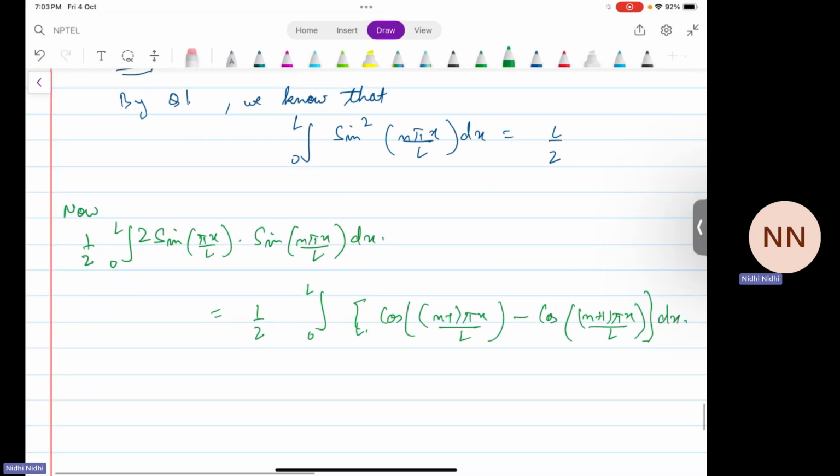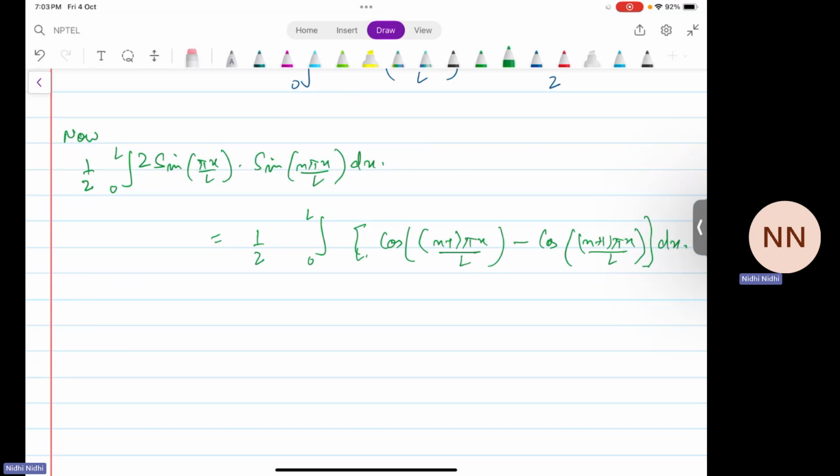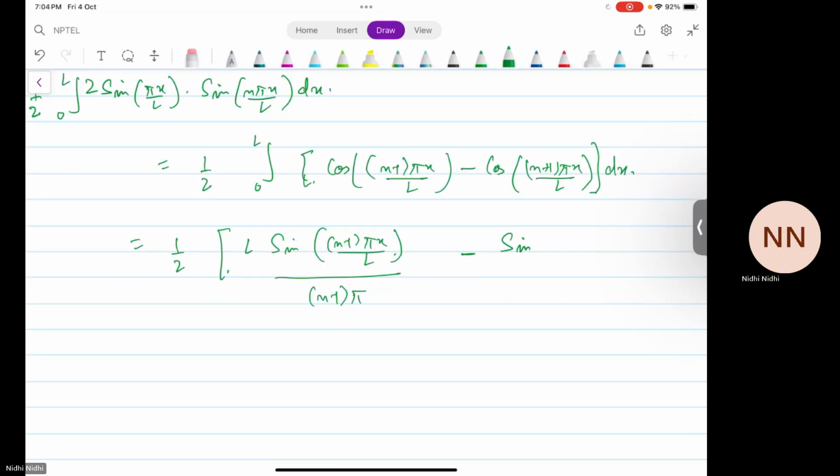dx. Now since integration of cos x is sin x, this is 1 by 2 times sin (n minus 1) pi x by l by (n minus 1) pi by l, minus sin (n plus 1) pi x by l by (n plus 1) pi by l, with integration limit from 0 to l.